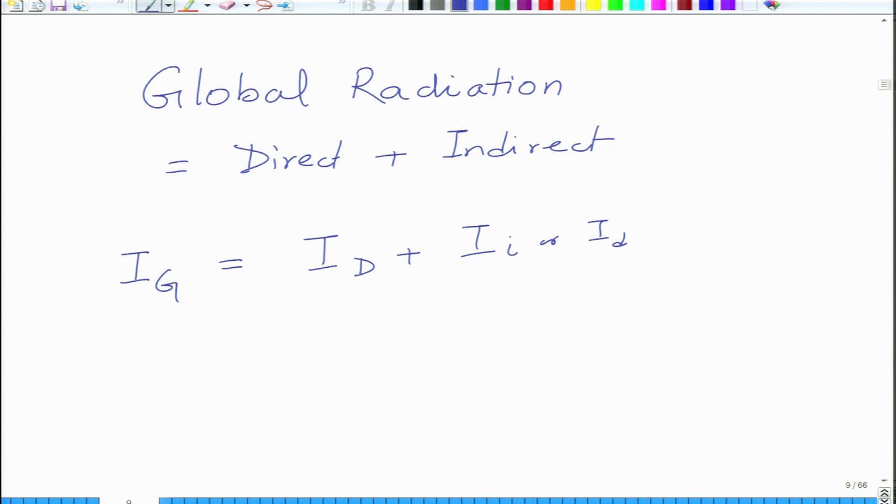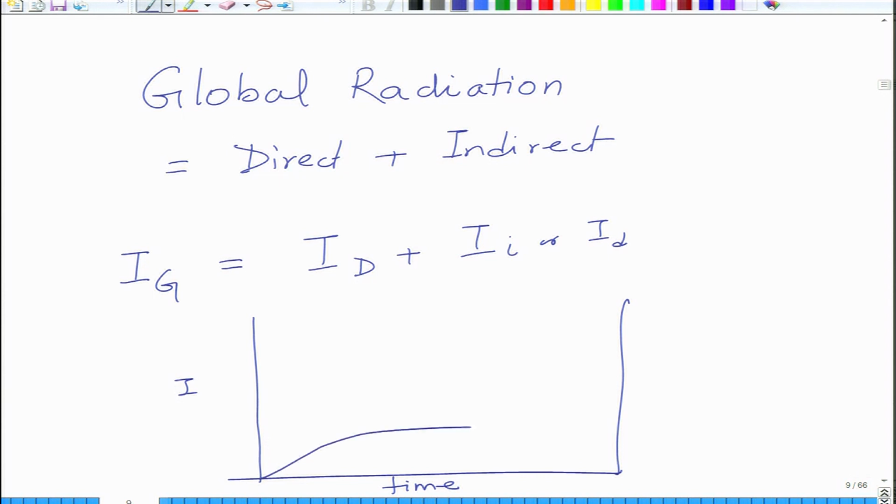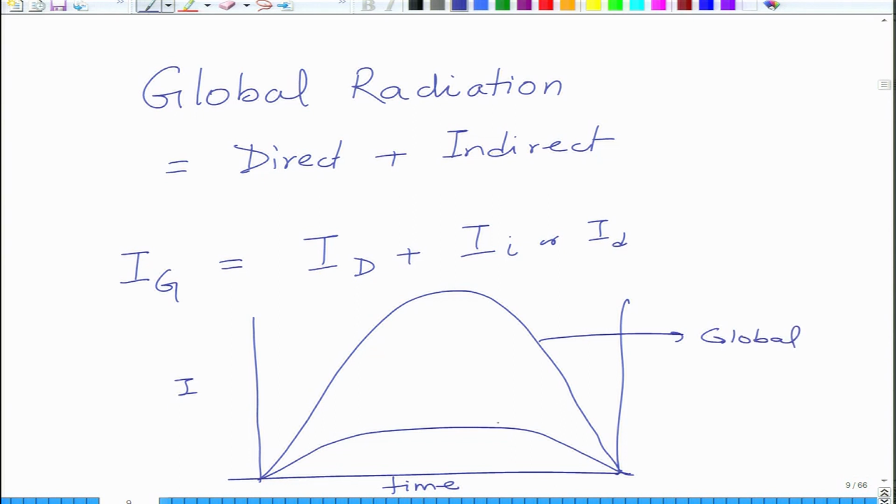If you now plot I as a function of time, the diffuse radiation would be something like this, and the global radiation would be, so this would be global and this would be diffuse. Diffuse would be a lot broader, whereas global would be a lot sharper, and this is basically because of variation in the direct radiation as a function of time.